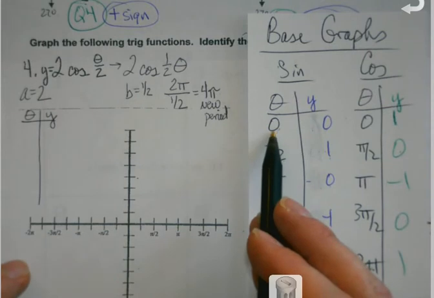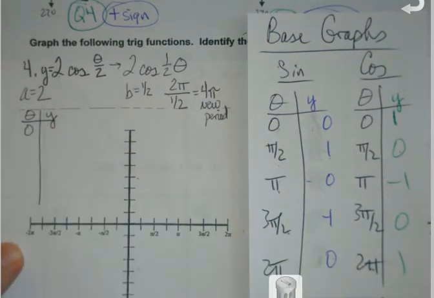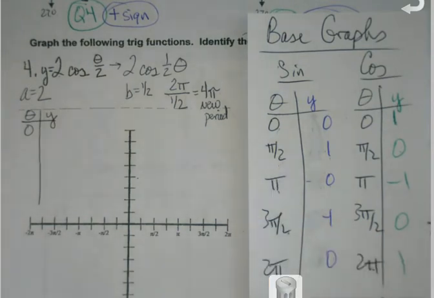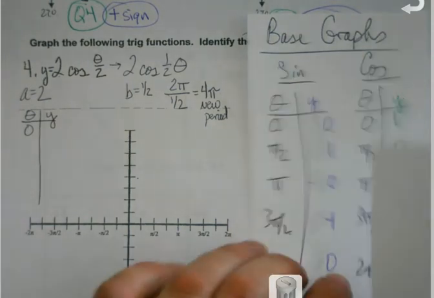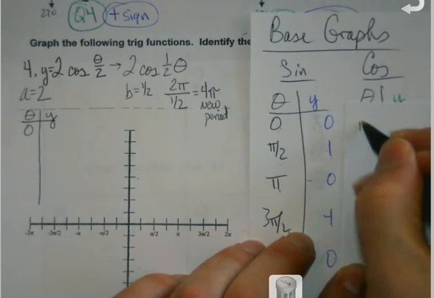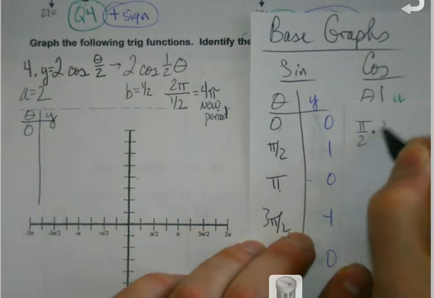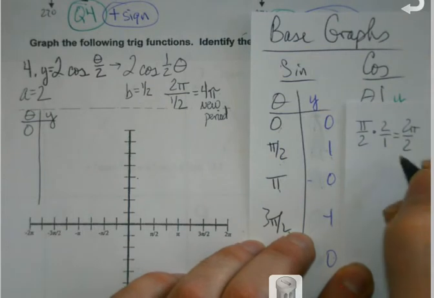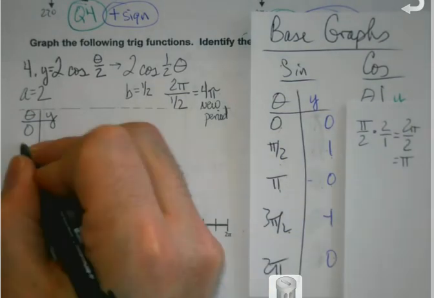So 0 times 2 is still 0 last time I checked. Pi over 2 times 2. Now think about that for a minute. Pi over 2 times 2 is 2 pi over 2, which is just pi.